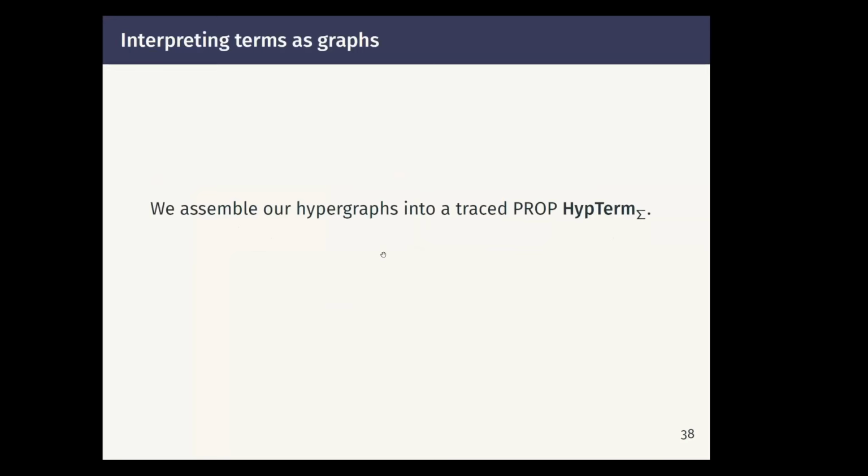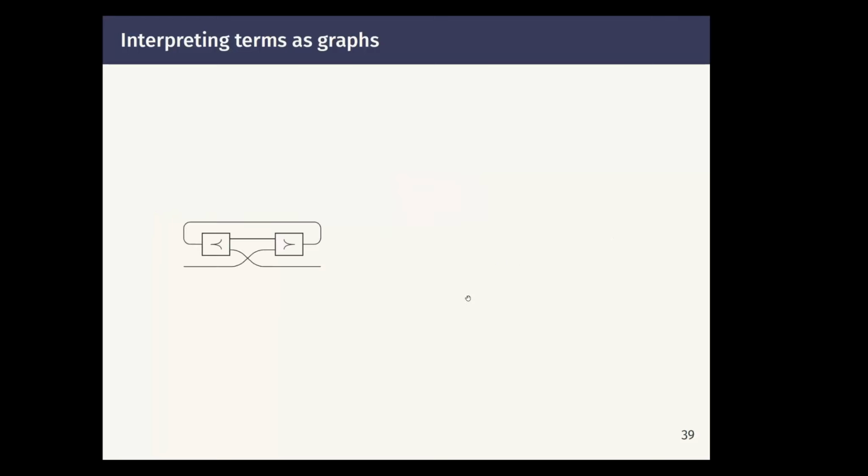So what we want to do before we can show soundness is we want to be able to interpret terms in our category, these f.g tensor b or whatever, want to turn them into hypergraphs. And we do that with this interpretation functor from the category of terms to the category of hypergraphs. And so we have this term we have from earlier.